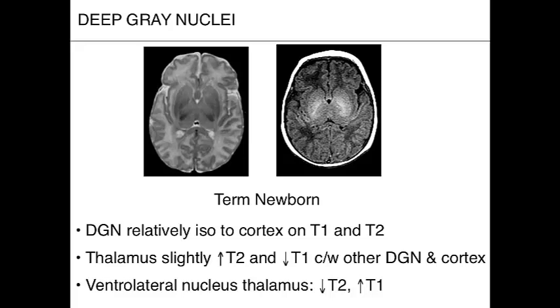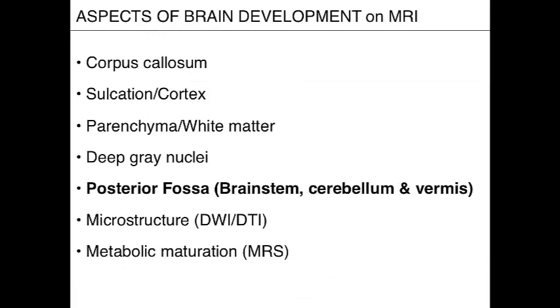And the deep gray nuclei are relatively isointense to the cortex on both T1 and T2 weighted images. However, you notice that the thalamus in general is slightly brighter on the T2 weighted images and slightly darker on the T1 weighted images. Again, important to remember the normal appearance of the deep gray nuclei, especially when assessing for hypoxic ischemic injury.